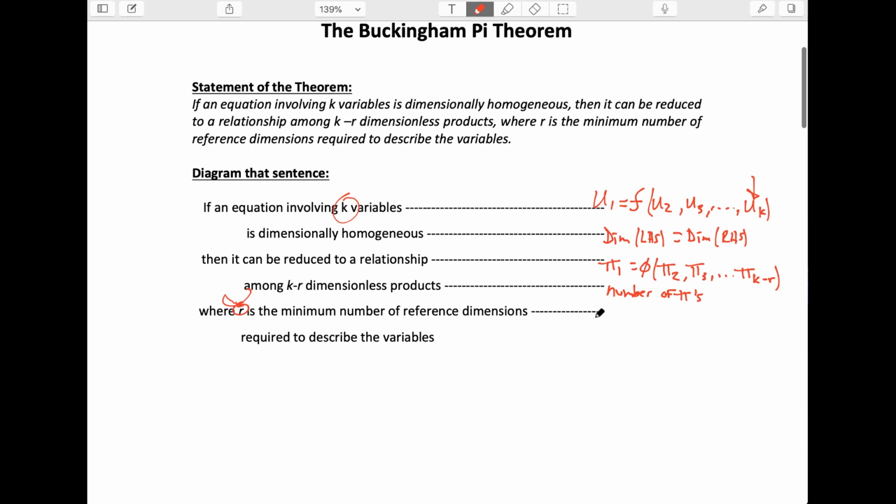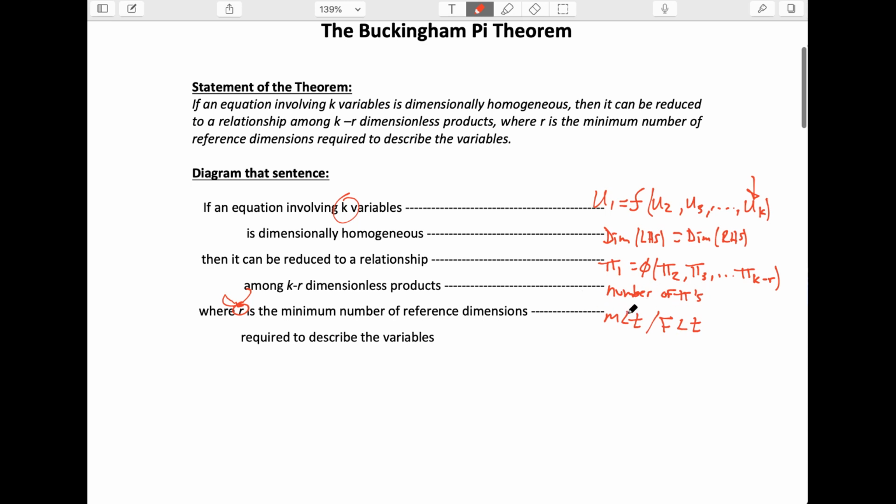What's a reference dimension? Well, these go all the way back to the fundamental base dimensions. So things like mass, length, and time tend to show up in fluids, right? Another set of base dimensions you could use, depending on your unit system, would be force, length, and time. And so there's a bigger set, right?